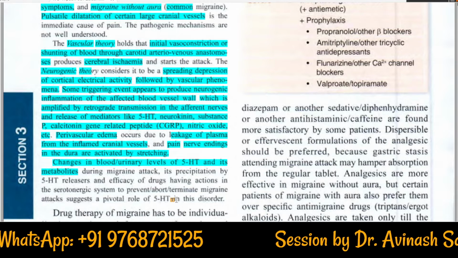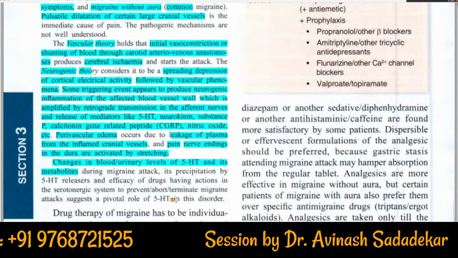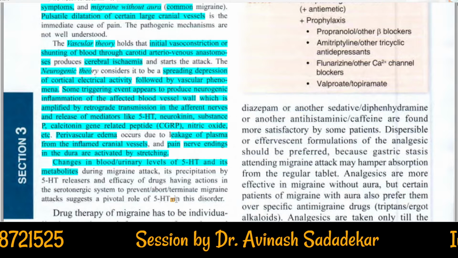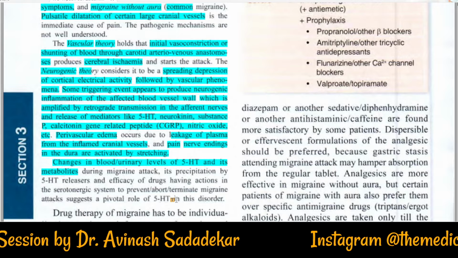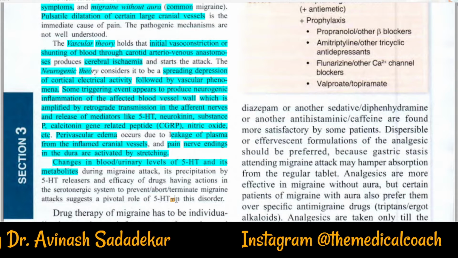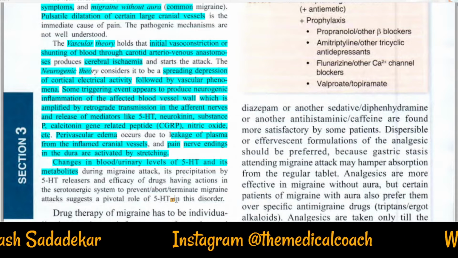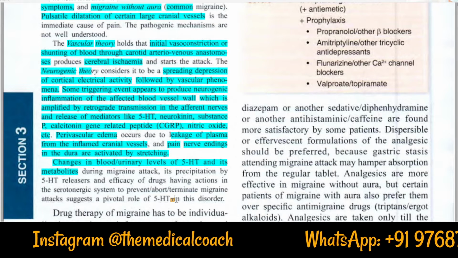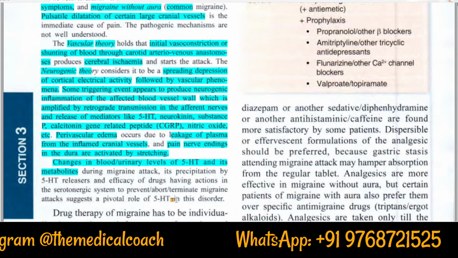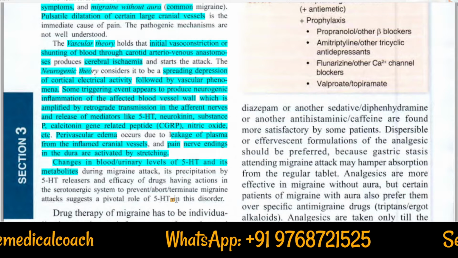When people suffered from migraine, we gave anti-serotonin drugs. Clear? And we noticed that the patients kind of have a better recovery. So keeping all these things in mind, it appears as if serotonin is the main role player here.